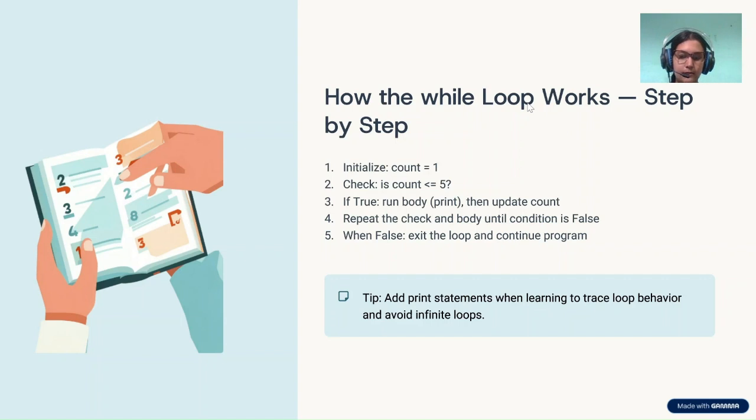Since the condition is true as 1 is less than equal to 5, Python prints count, and then count is updated, and then we repeat the check again, we repeat the condition again, and then it basically repeats till count becomes 6, right? Since 6 is not less than equal to 5, this condition becomes false and Python will exit from the loop. Okay?